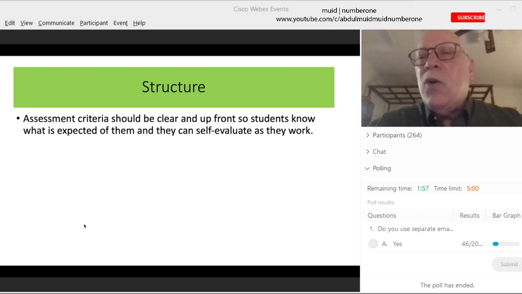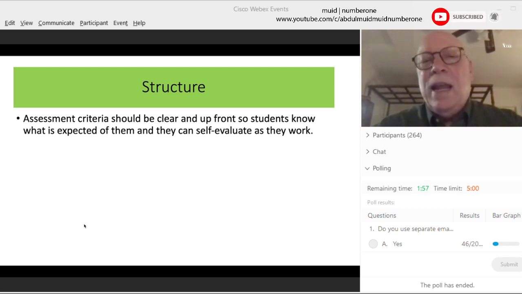So if I know that it's important for me to use transition words in the essay that I'm writing for you, and that I'm focusing on the three segments of the composition, the introduction, the body, and the conclusion, that I have to have those very clear, and that for every item in there, I need to have at least one or more supporting sentences.